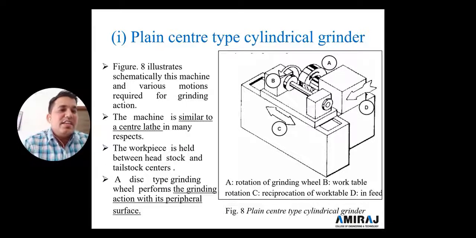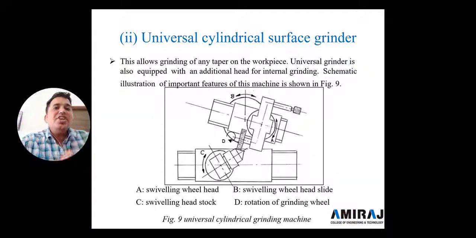Here we just have a huge grinding wheel. This type of grinding wheel performs the grinding action with the peripheral surface. If I want to polish any pipe, any shaft, any hollow shaft, then I can use the plain center type cylindrical grinder.